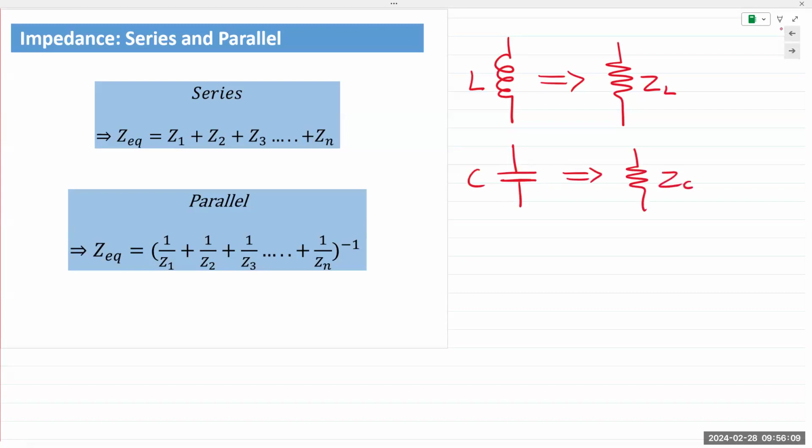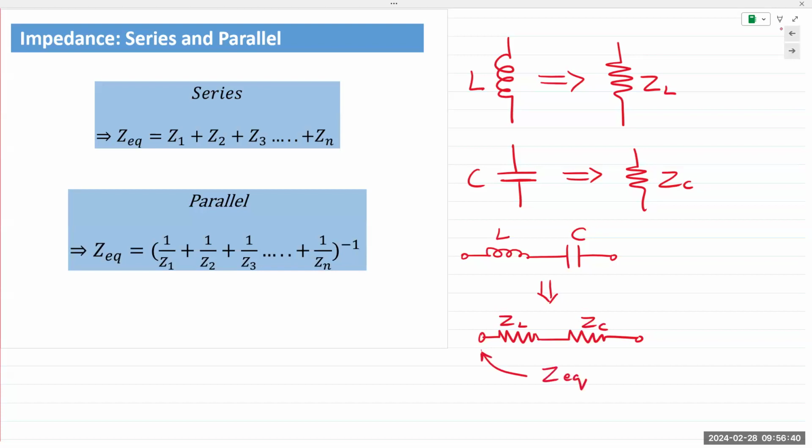ZC. So if you have a circuit, for instance, where you have an inductor connected to a capacitor, L and C, there is no reducing these components. They are two different components. But when we talk about the impedances of these components, ZL and ZC, we can find the equivalent impedance between the outer two ends.